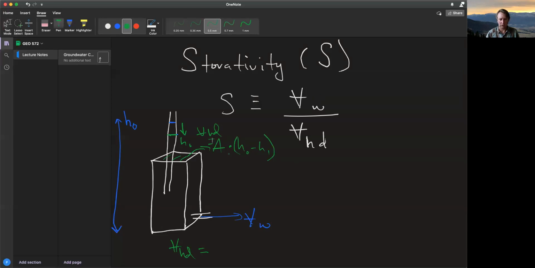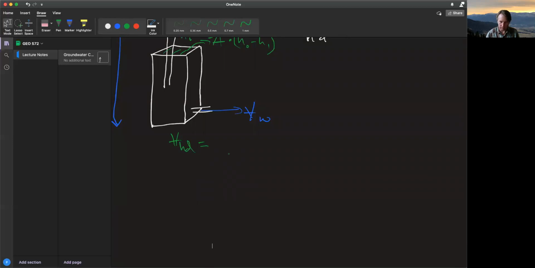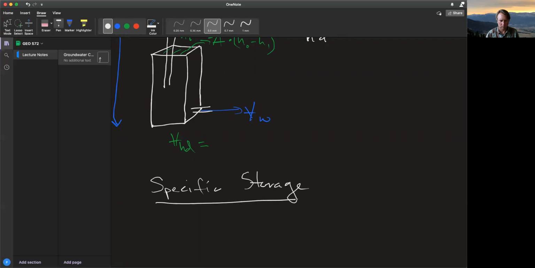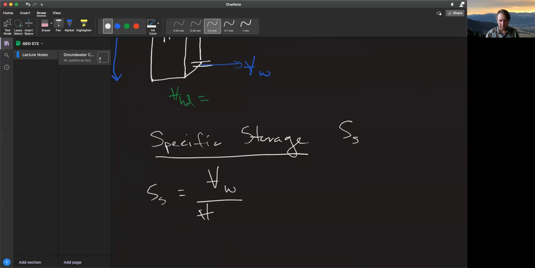Now our specific storage is defined as the volume of water divided by the volume of head drop.